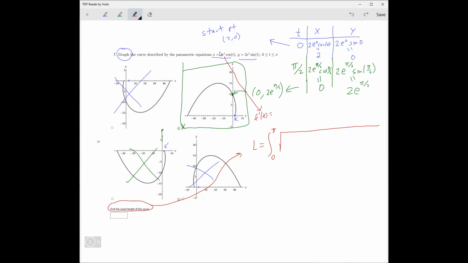So f prime of t, because the derivative of this would be the derivative of this first part, which is e to the t, times the second part. So 2 e to the t cosine t, plus this first part, which is 2 e to the t, times the derivative of that, which is negative sine t. So that's going to be minus 2 e to the t sine t. And that's all going to be squared here.